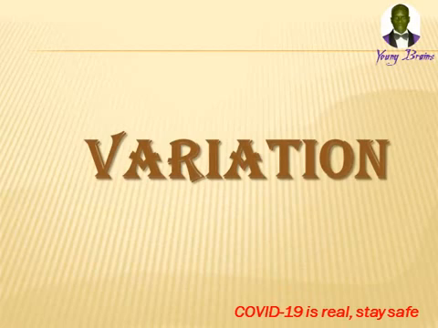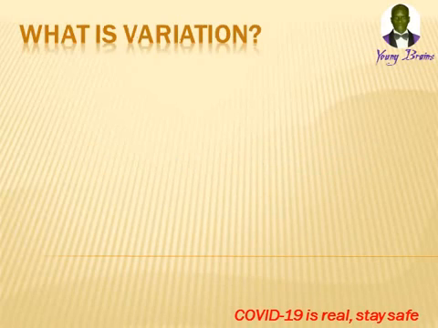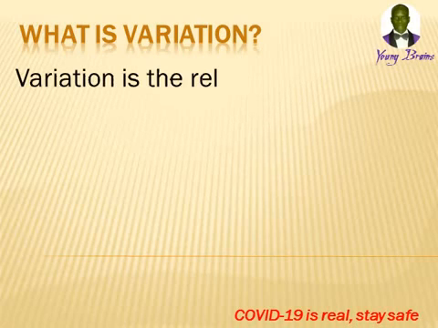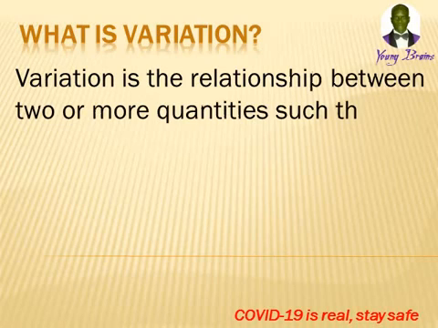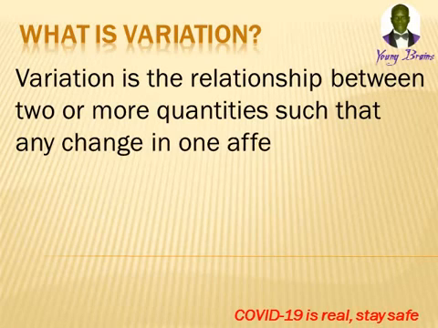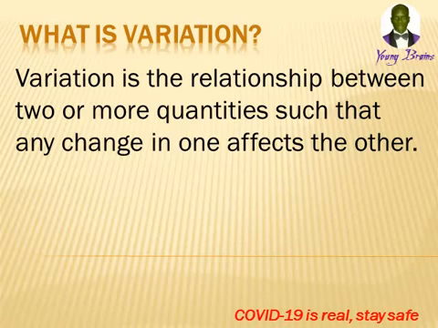Today we are moving to a new topic and that is variation. Before we move further, we want to define variation. Variation is defined as the relationship between two or more quantities such that any change in one affects the other.